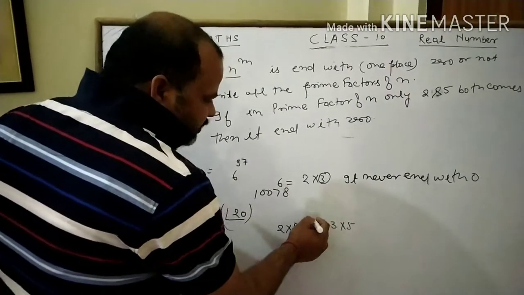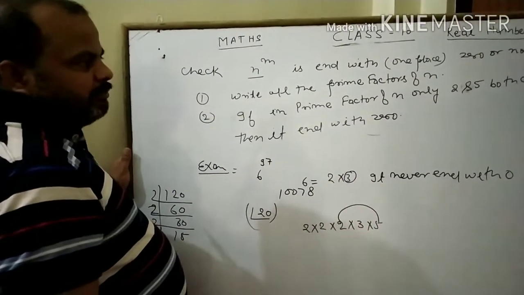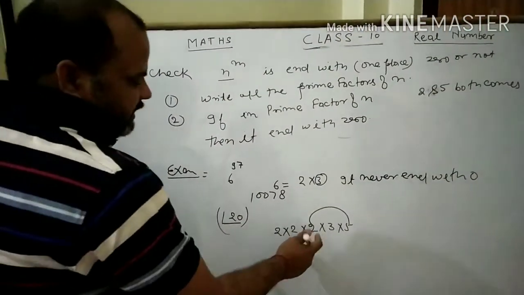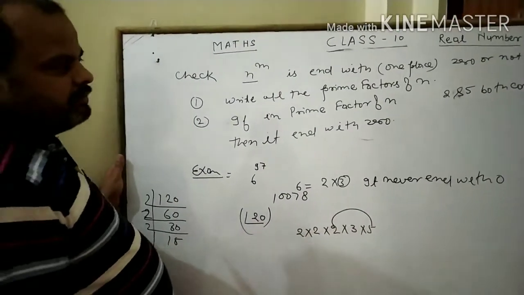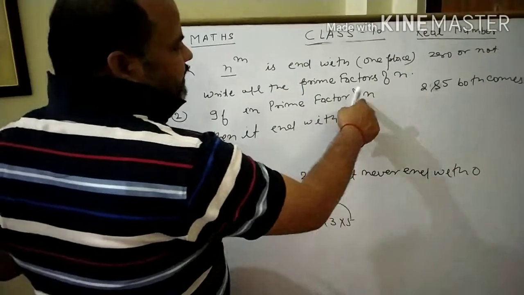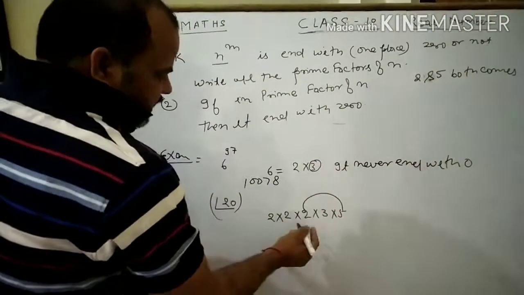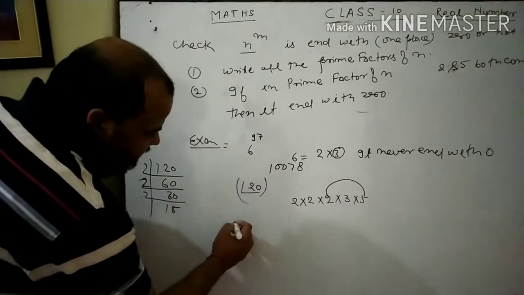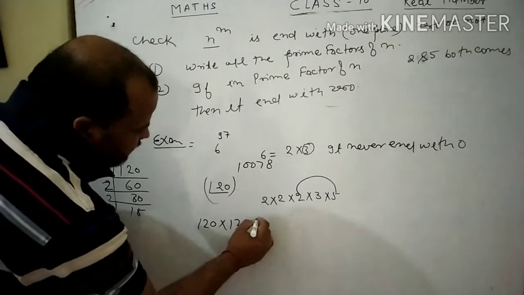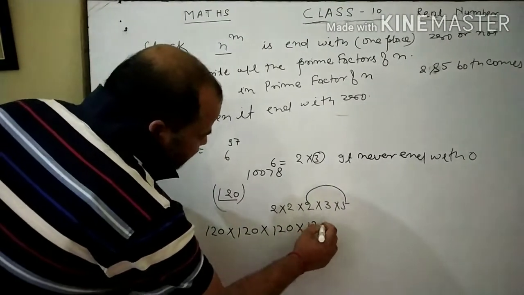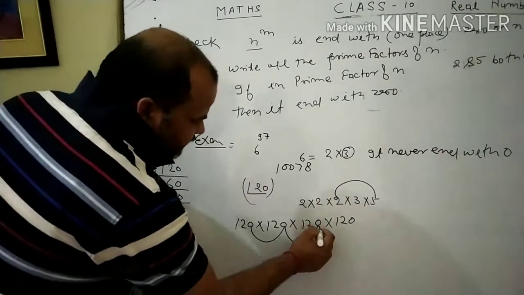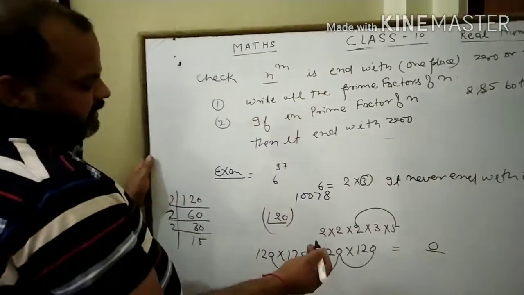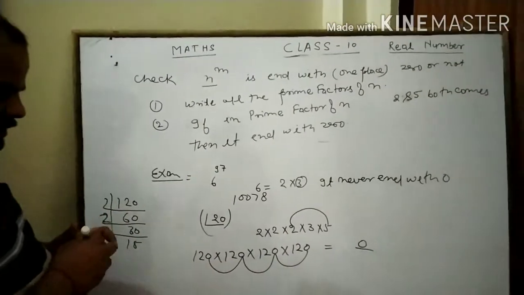It ends with 0 because here 2 and 5 both come. Suppose 120 into 120 into 120 and so on, infinite times, then only the ones place 0 is multiplied, so it ends with 0. Is that clear?